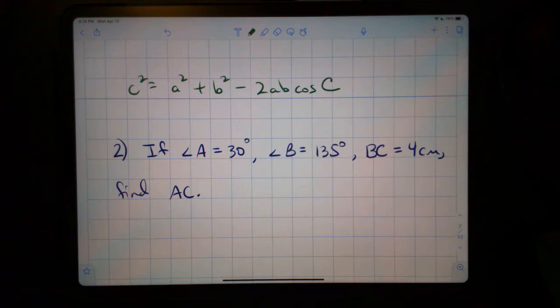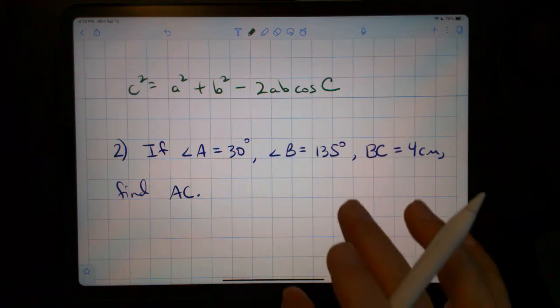So if angle A is 30 degrees, angle B is 135, BC is 4, find AC. Okay, let's draw a diagram.